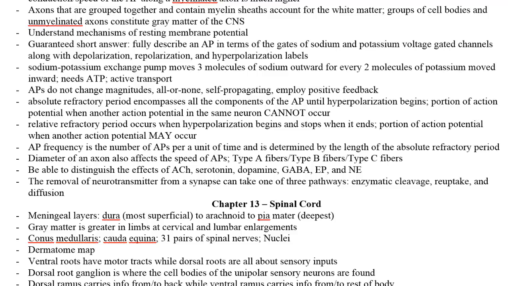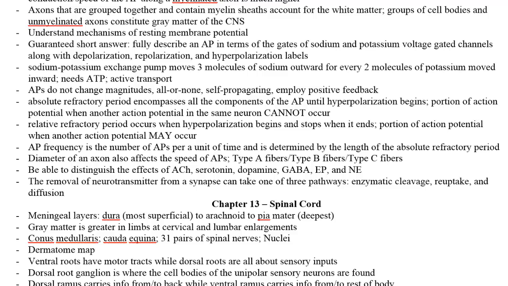So that is called the relative refractory period. So absolute refractory period, you cannot have another action potential. Relative refractory period is the time in which you are in the undershoot, in hyperpolarization, when you could have an action potential develop if the stimulus is strong enough.